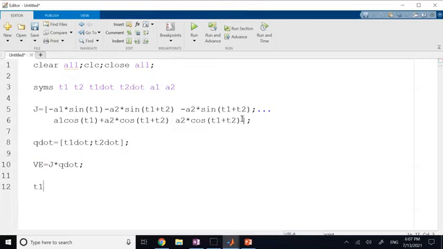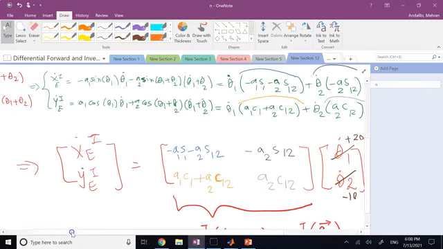So I say T1 is 60 degrees, right? Or pi over 6. T2 is negative 30 degrees. But remember here I use sine and cosine, not sine d and cosine d, so I need to make sure I write it in radians. T1 dot was, go back here, let's see what numbers we used.